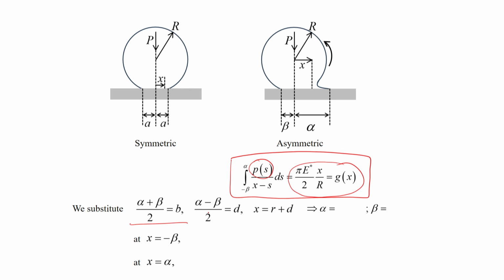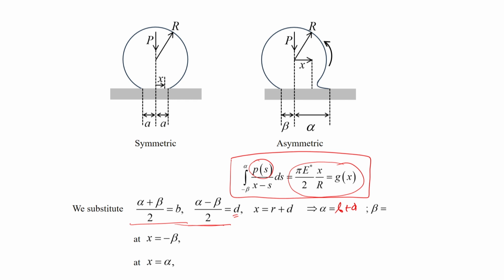alpha minus beta by 2 is equal to d here. So using these two equations, if I sum them up, I get 2 alpha, so alpha is b plus d.